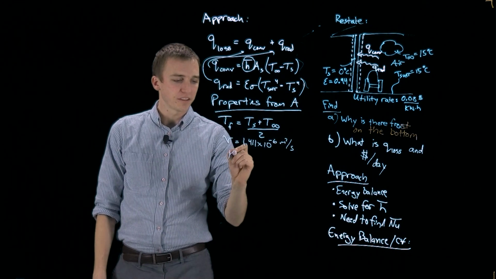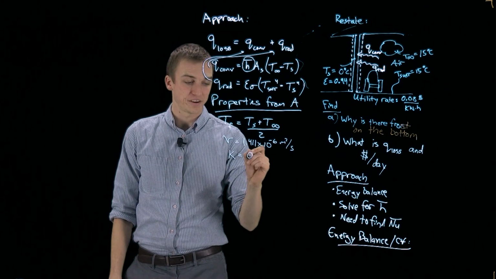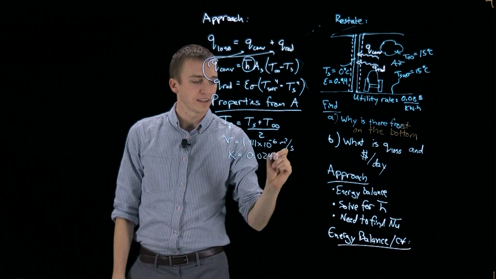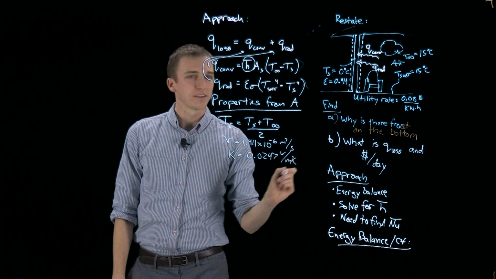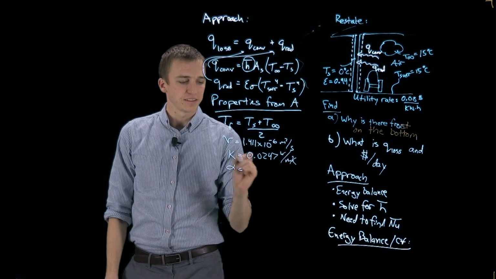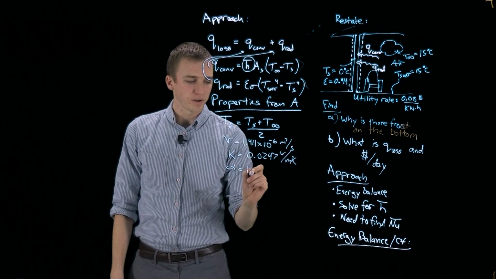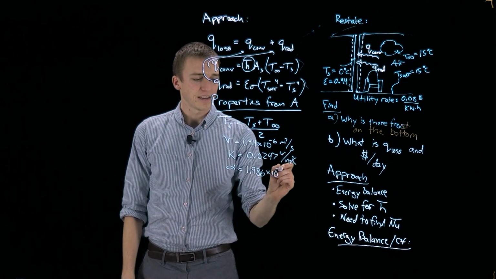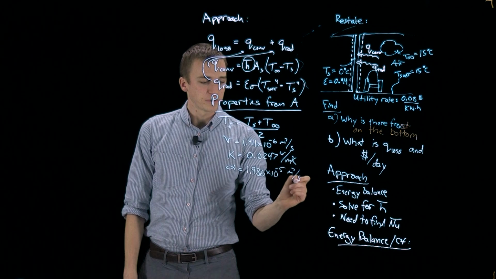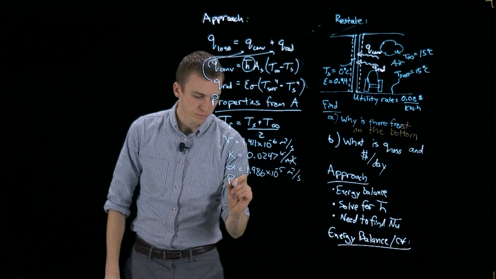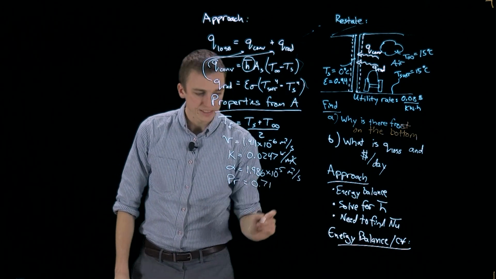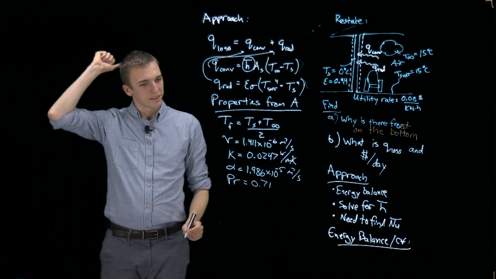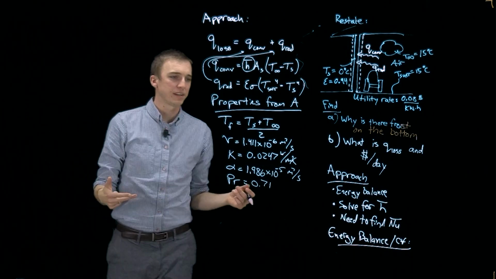We can also find the thermal conductivity of the air, 0.0247 watts per meter Kelvin. We can also find our thermal diffusivity, 1.986 times 10 to the negative 5th meters squared per second. And finally, the Prandtl number, 0.71.